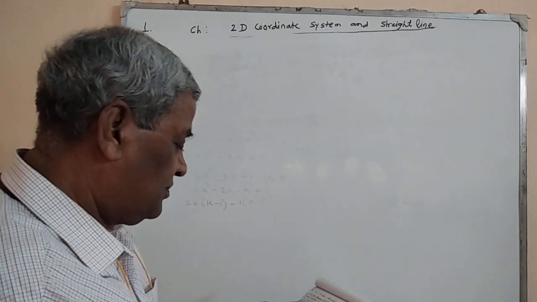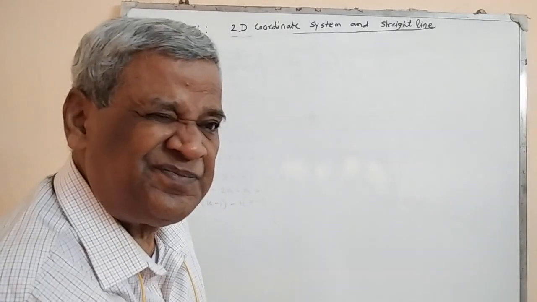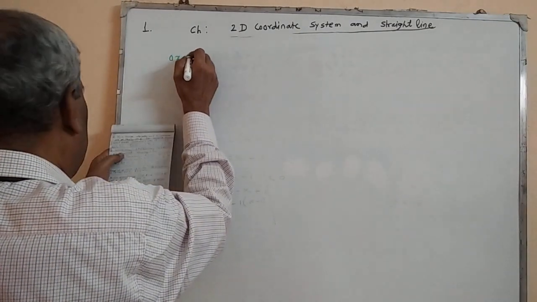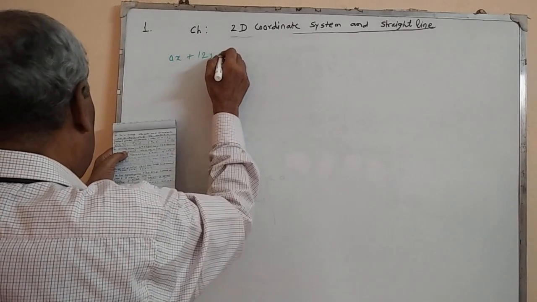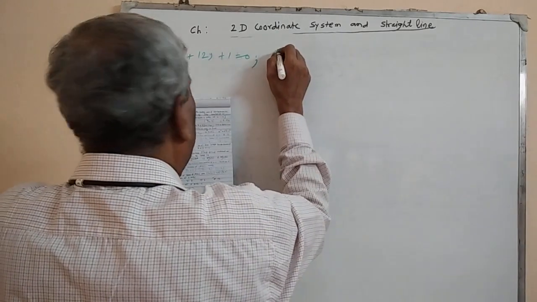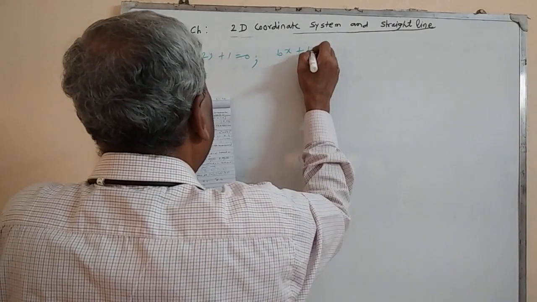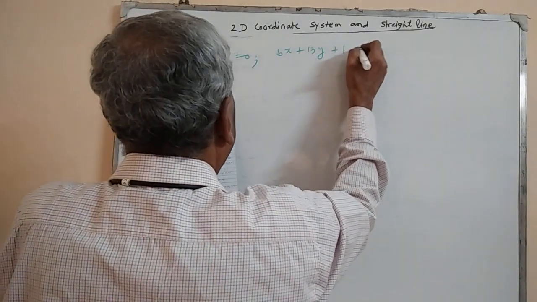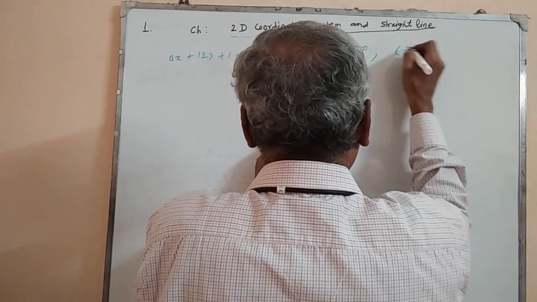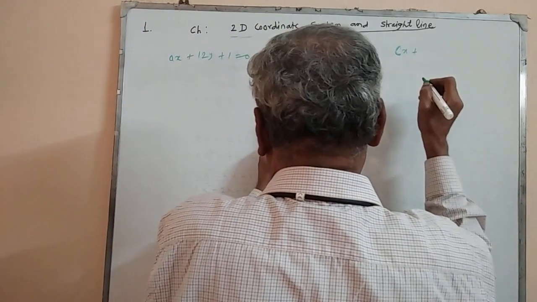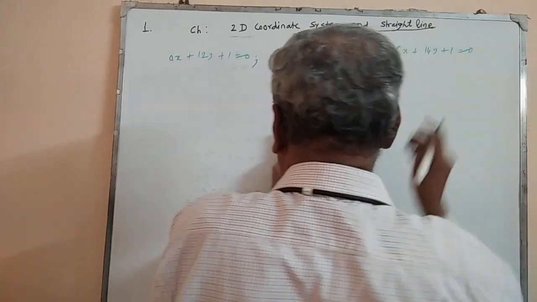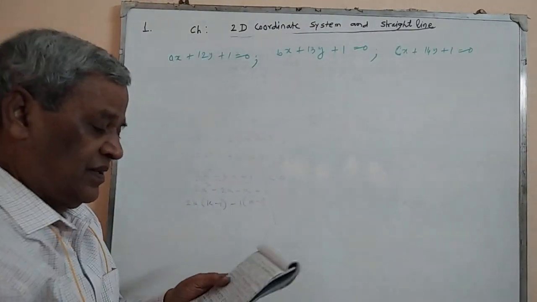So next problem. ax plus 12y plus 1 is equal to 0, bx plus 13y plus 1 is equal to 0, and cx plus 14y plus 1 is equal to 0 are concurrent.